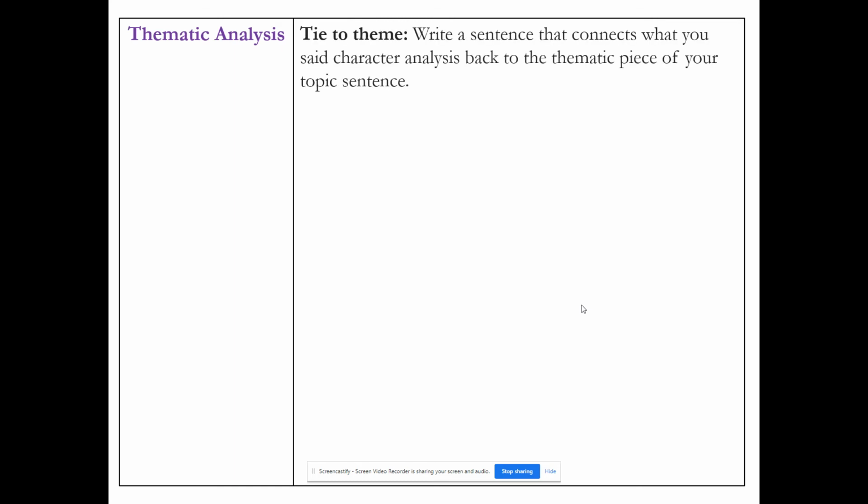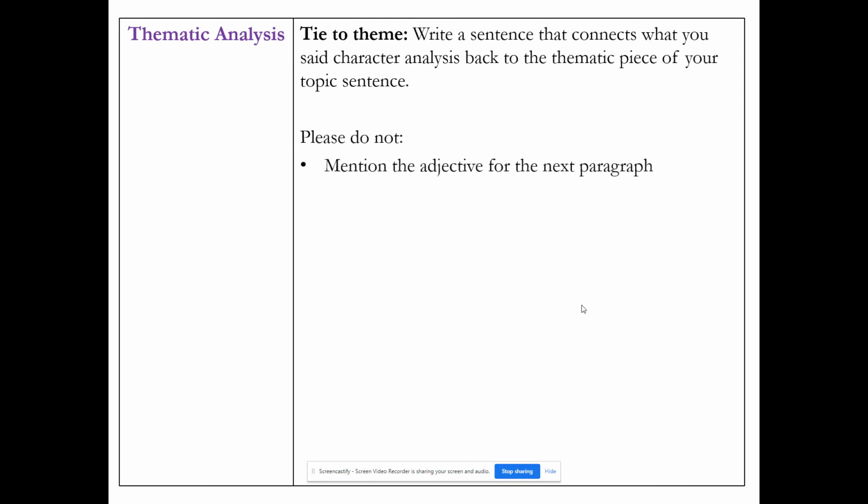So once you've done that character analysis, then you can do thematic analysis. You're tying to theme. So you unpack the language, you tied it back to character, and now you're tying this point in the character arc to theme. So you're writing a sentence or two that connects what you said in the character analysis back to the thematic piece of your topic sentence. Two things you shouldn't do.